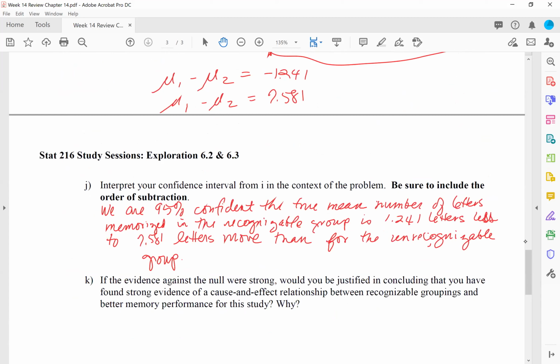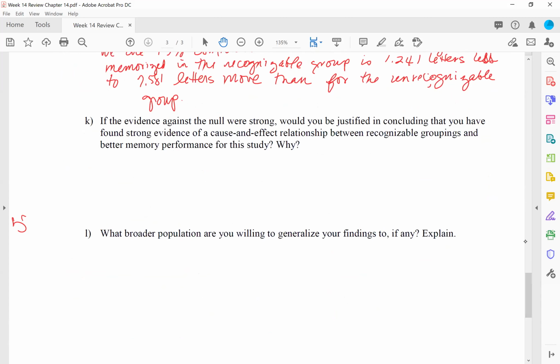So these last two questions are talking about scope of inference. So the first question is getting at the idea of cause and effect, or causation. So could we talk about causation in this study? What do we have to have in order to talk about causation? Would it be randomization?